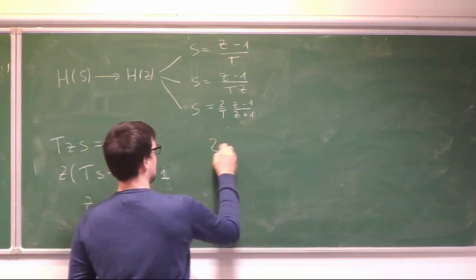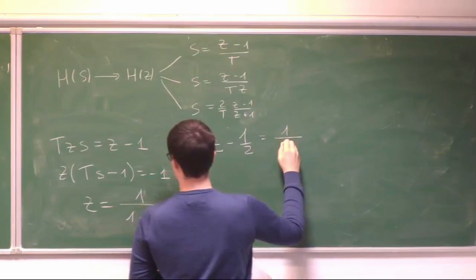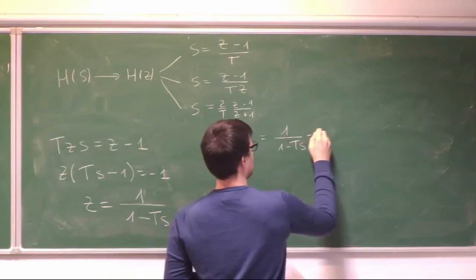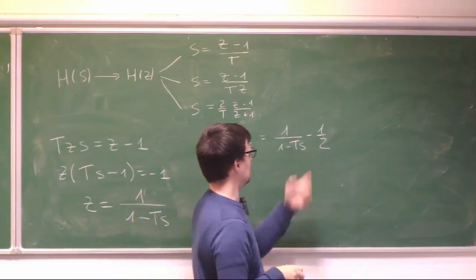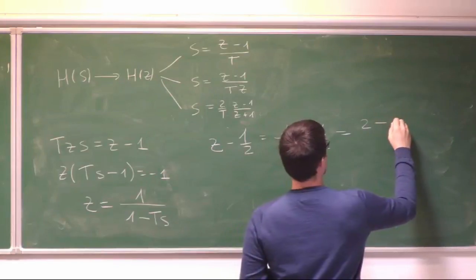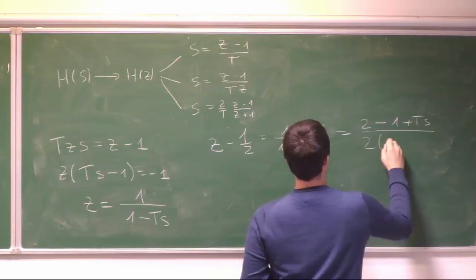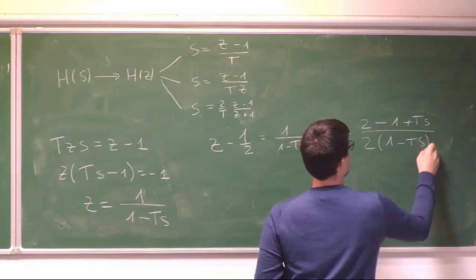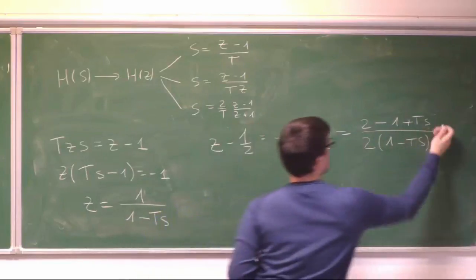So we have z minus 1 over 2 equal to 1 over (1 minus Ts) minus 1 over 2. Okay. Now we do this operation. So we have (2 minus 1 plus Ts) divided by 2 times (1 minus Ts). This simplifies, and then what? Okay, let's write it over here.